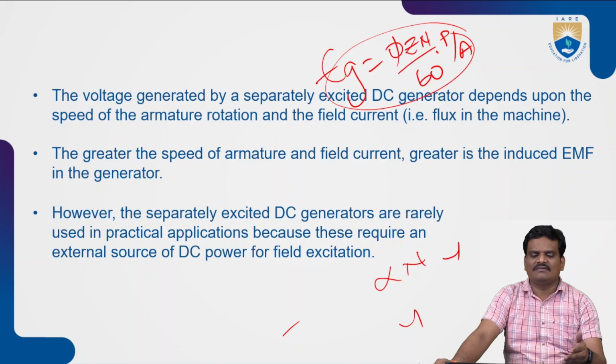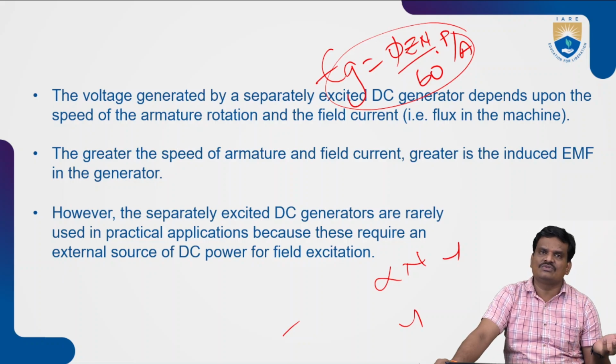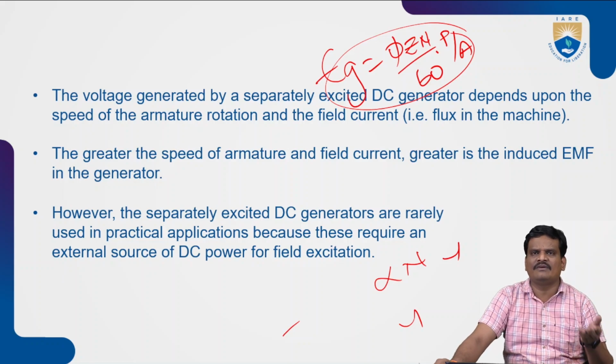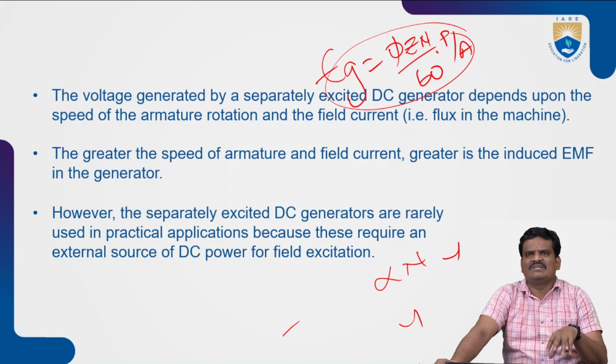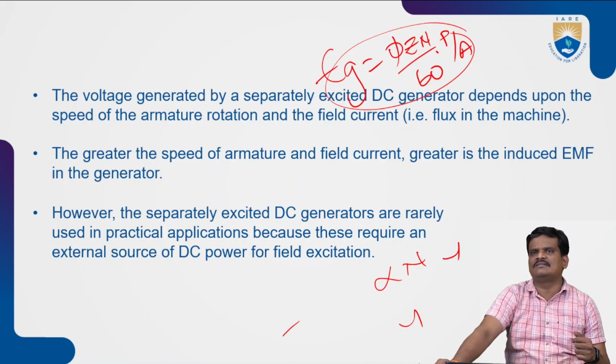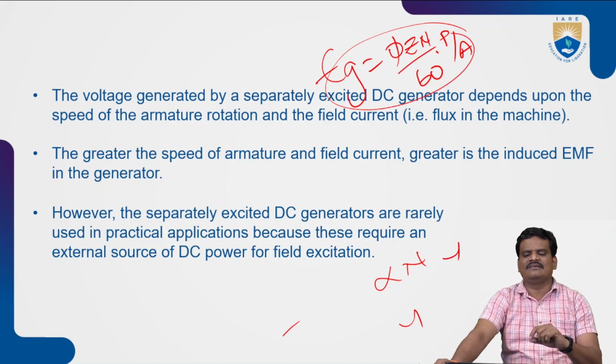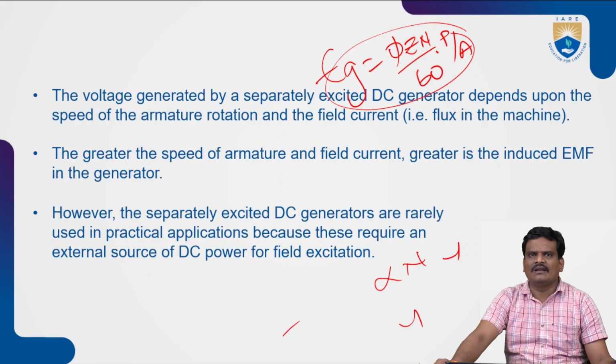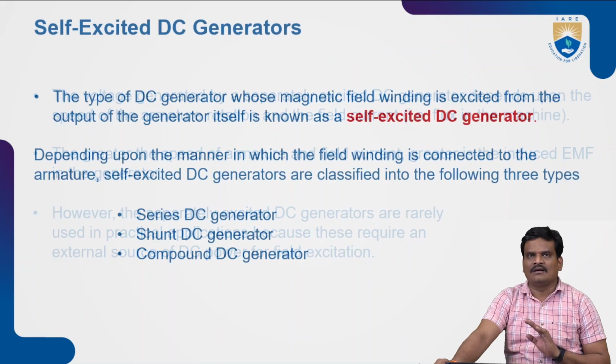The whole machine cannot be connected directly; a separate source is needed. That is the reason separately excited DC generators are rarely used in practical applications.